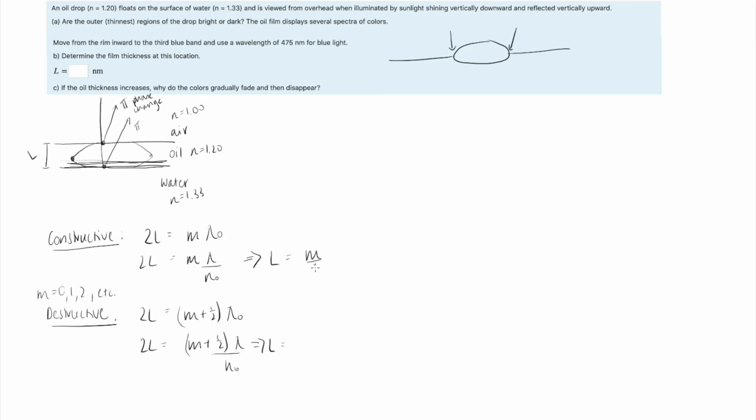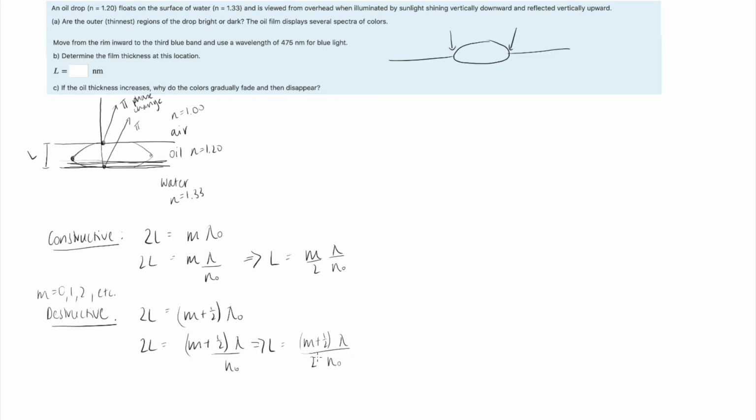So we're going to have m divided by 2, lambda divided by refractive index of oil, and then here we're going to have m plus a half lambda divided by 2 refractive index of oil.